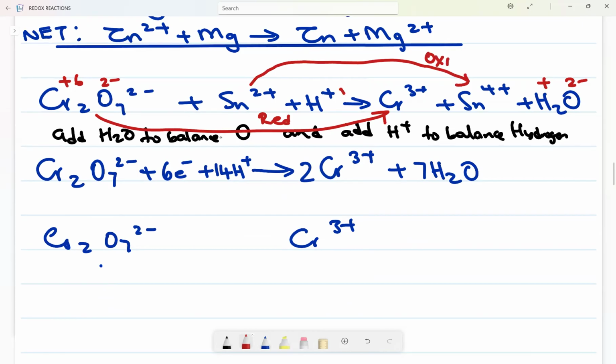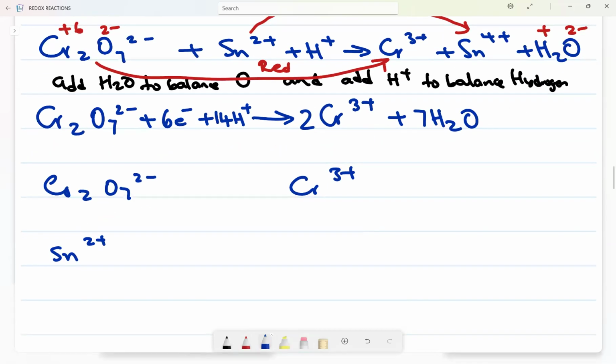Oxidation. Because H plus, it is still H plus there, okay? So Sn, it is straightforward, it undergoes oxidation. Sn2 plus. Remember, oxidation is loss of electrons. So when I lose electrons, I need to be Sn4 plus plus 2 electrons. Okay?